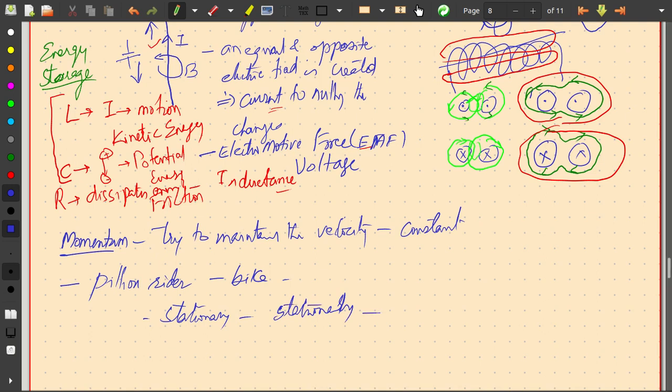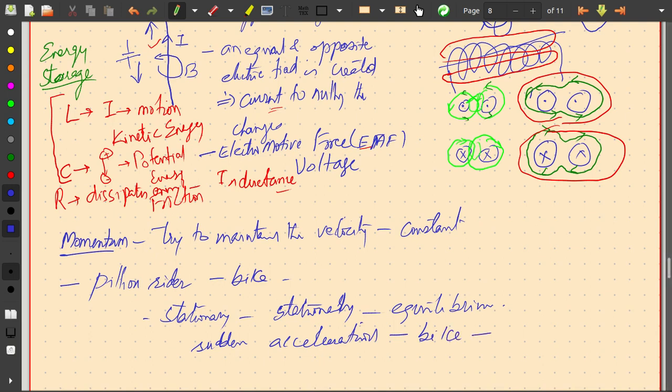So the whole system is in equilibrium. So nothing to discuss much about it. Suppose there is a sudden acceleration given to the bike.